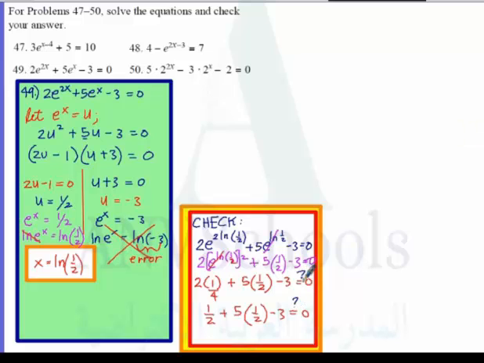Okay, now it's getting clearer. 1/2 plus 5/2, that's 6/2. So 3 minus 3 is equal to 0. And therefore, x equal to ln of 1/2 is a real solution to this equation. Okay? Now we go to the last number.